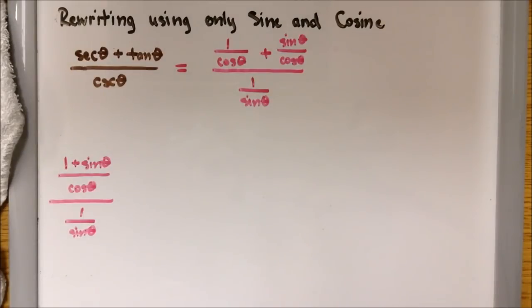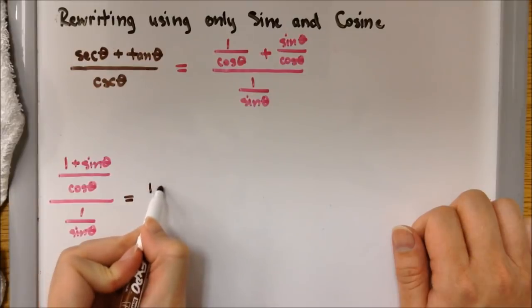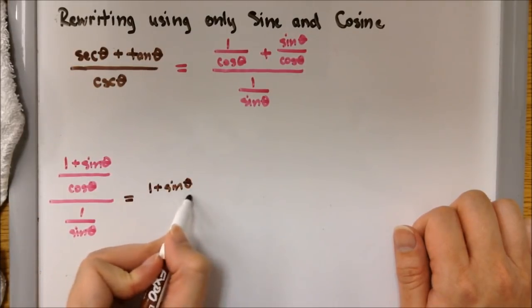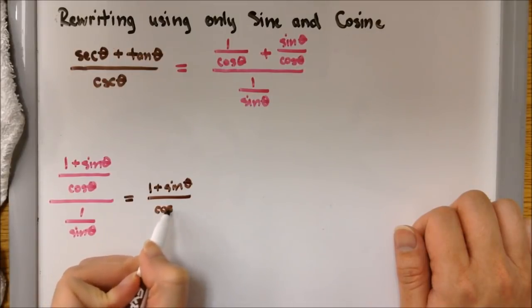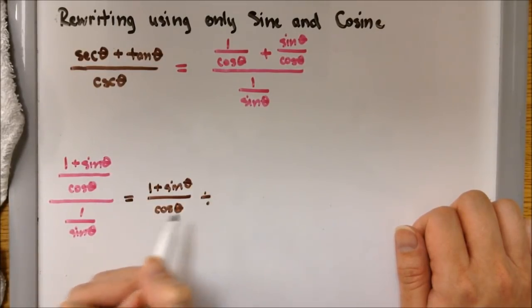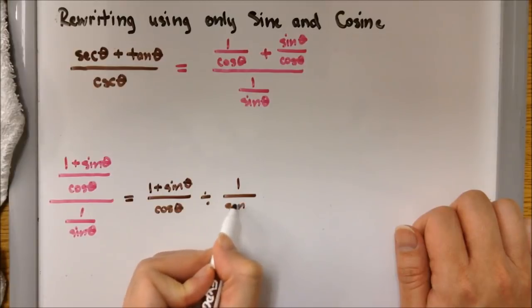So just like in 4.3, we're just going to rewrite it as a division. So I'm going to write the numerator first. 1 plus sine theta over cosine theta. That's the numerator divided by now our denominator, which was 1 over sine theta.